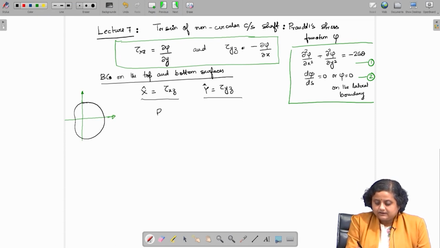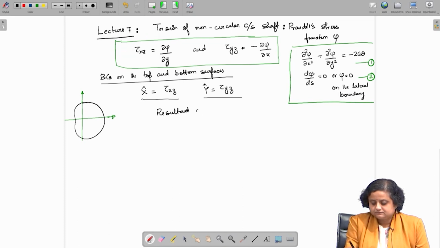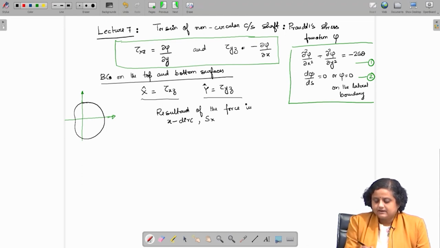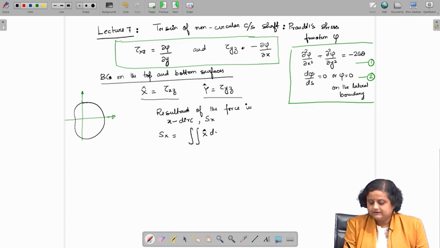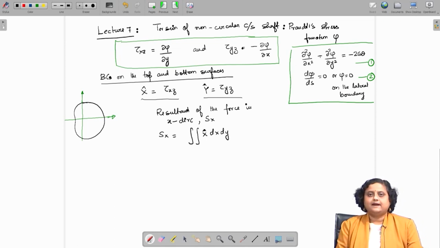The resultant of the force in x direction, let us call it Sx. So, Sx is going to be the area integral of x hat, which is the force per unit area, in dx and dy.